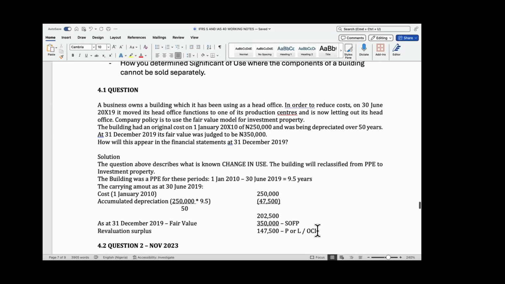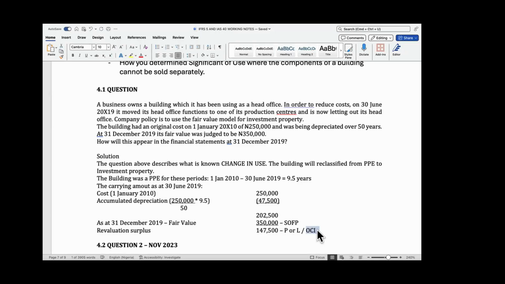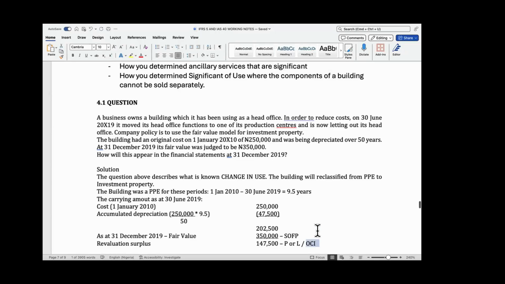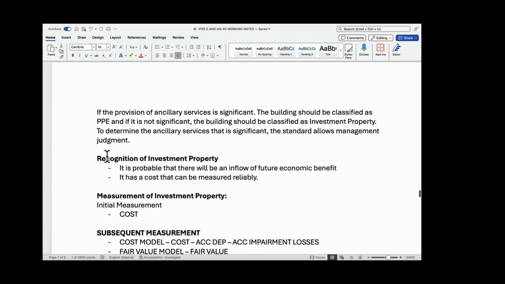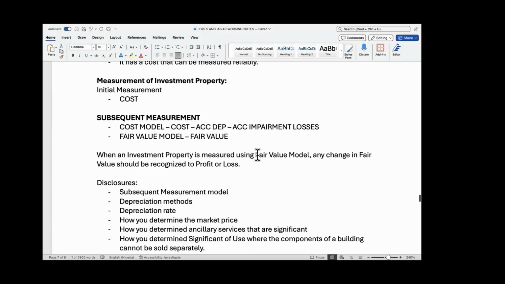No, if that's the reason you're taking it to OCI, don't forget what I taught you: when an investment property is measured using fair value model, any changes in fair value should be recognized in P&L. So it's not a matter of whether it's been sold.